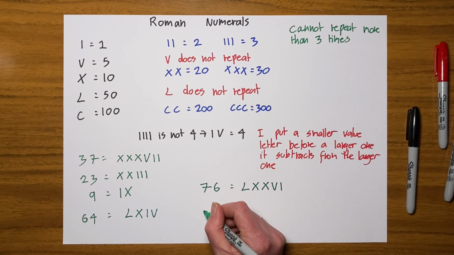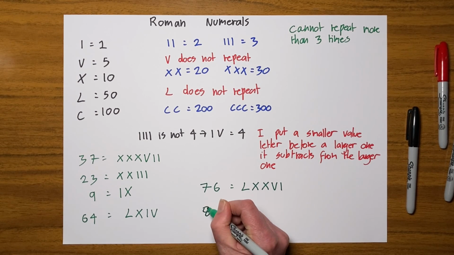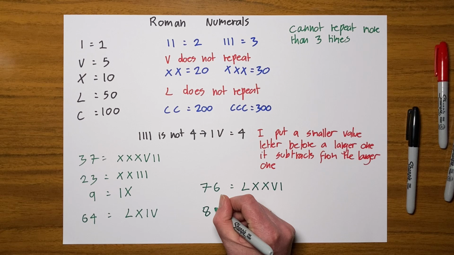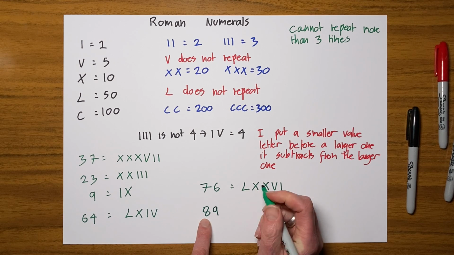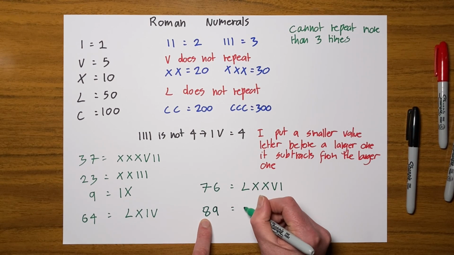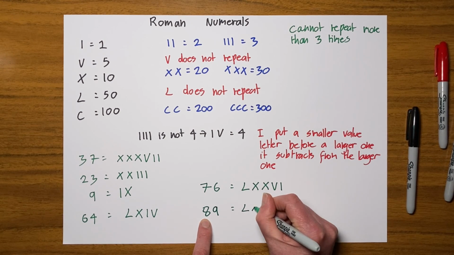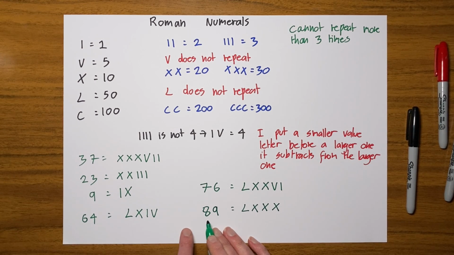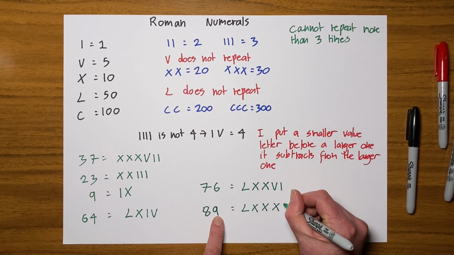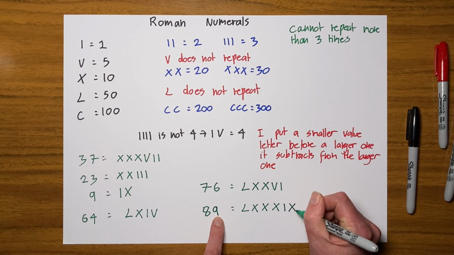Let's go for 89. So what I'm going to do here is I'm going to go for 50, which is L, 60, 70, 80. So I've managed to do the 80 okay. And then for the 9, I'm going to have to do 1 less than 10.